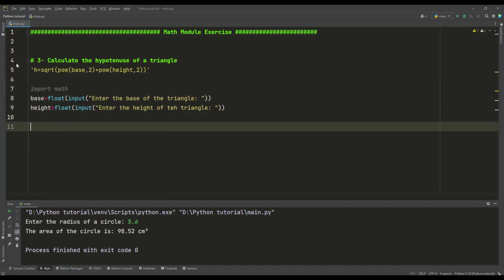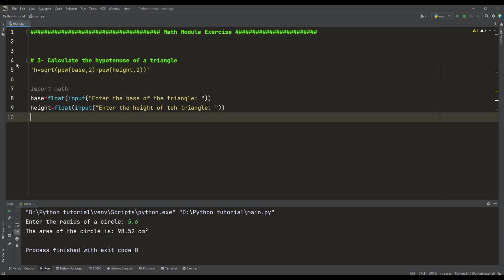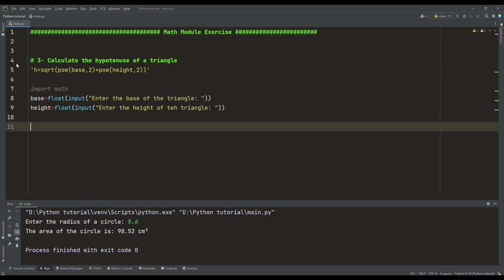Now we can also import math on the top of this. We are heading to conclude and reach the result. Here the hypotenuse will equal math.sqrt, which is the square root of the base squared. How can I say the base squared?